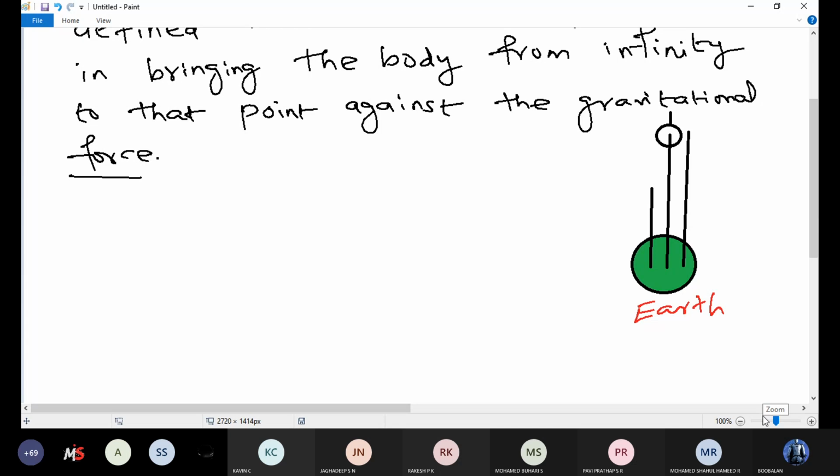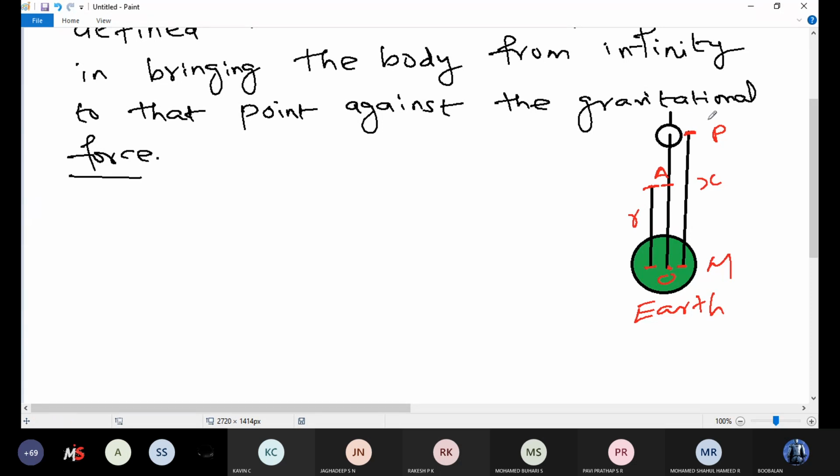At the center of the Earth is O. The mass of the Earth is capital M. From the origin to P, the distance is x. I consider one more point, this is A. From the origin up to A, the distance is small r.